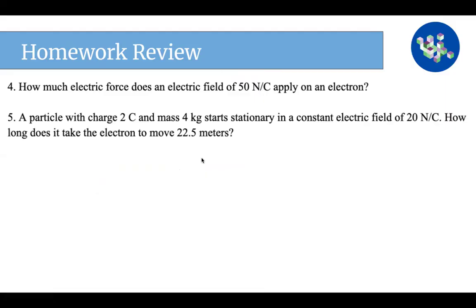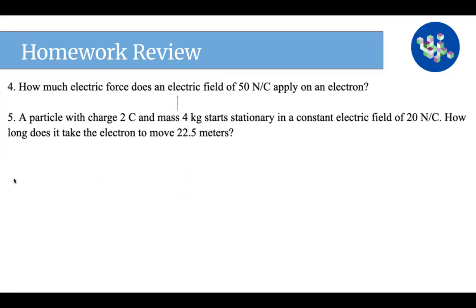How much electric force does an electric field of 50 newtons per coulomb apply on an electron? One thing we're testing here is the electric force due to an electric field.